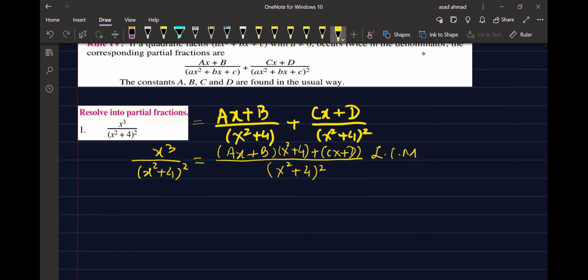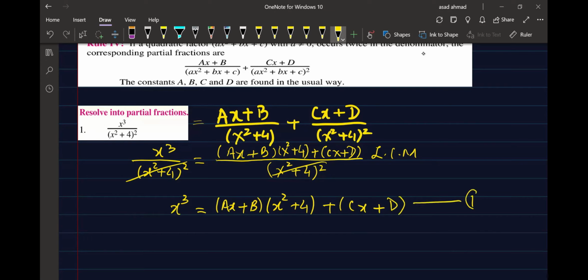Once we operate the LCM and do the cancellation, we will form the equation x raised to power 3 equals ax plus b into x square plus 4 plus cx plus d, and we will label it as equation number 1.